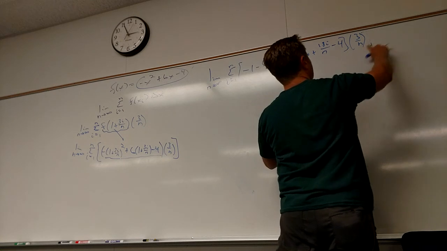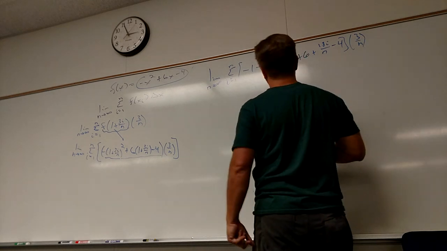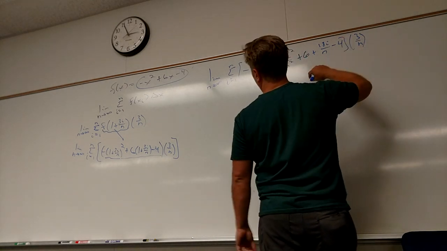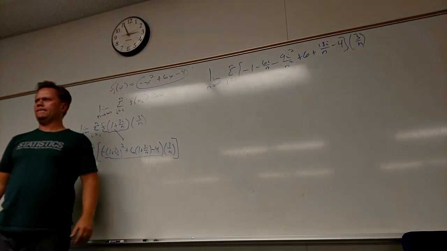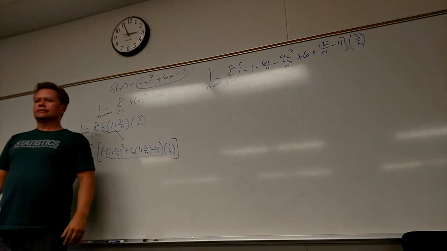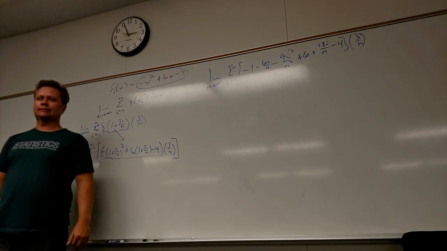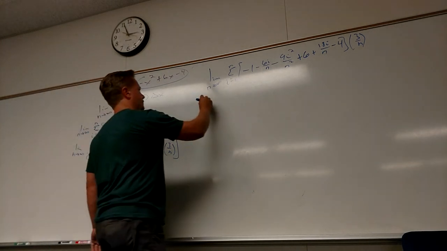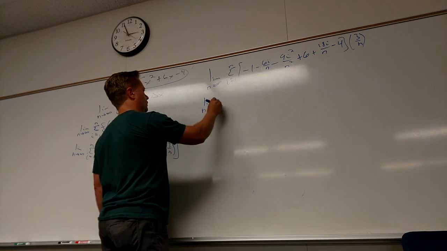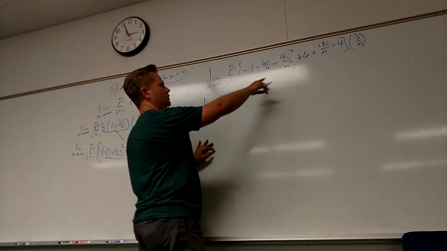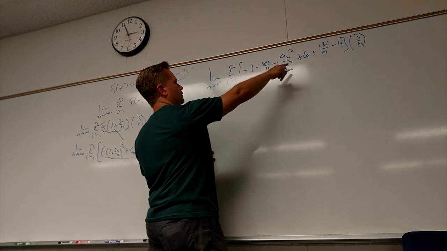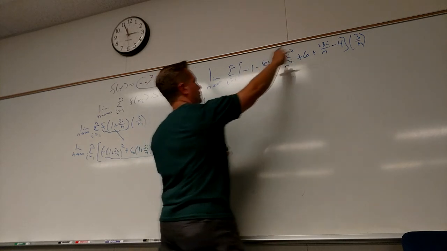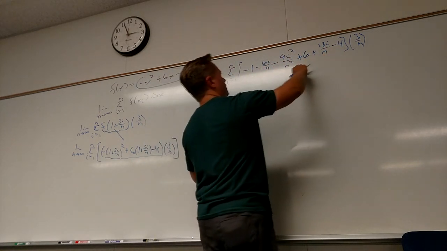I think that's enough of those things. So, good Lord. So let me see. I get 5 here, right? I got a 5 here, and then minus 4 is 1.